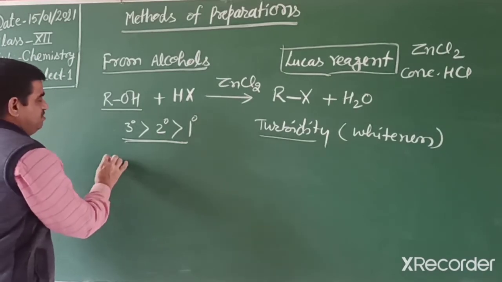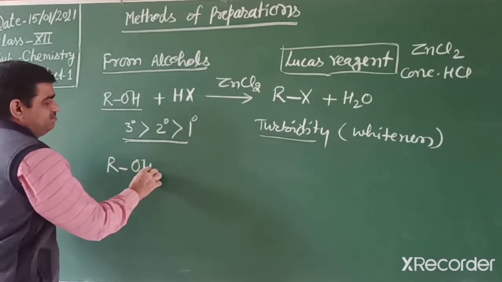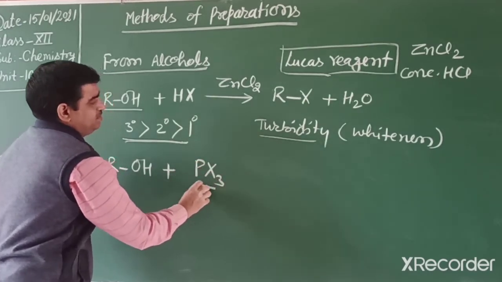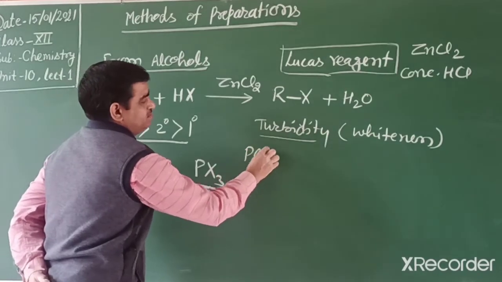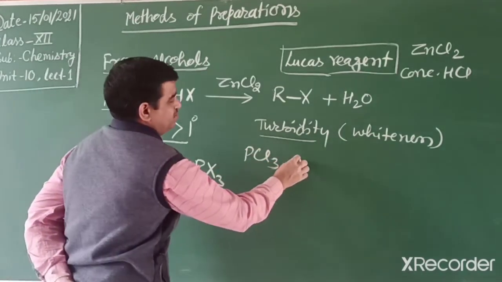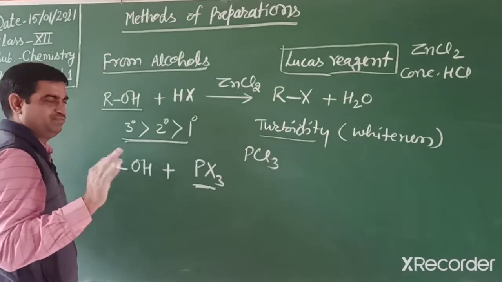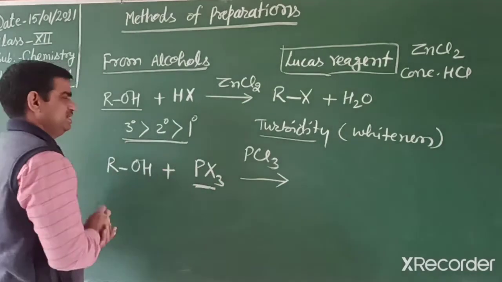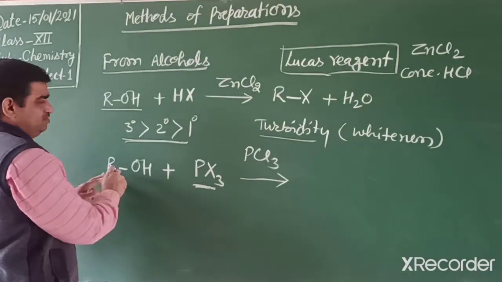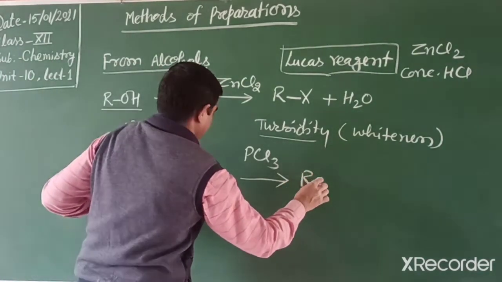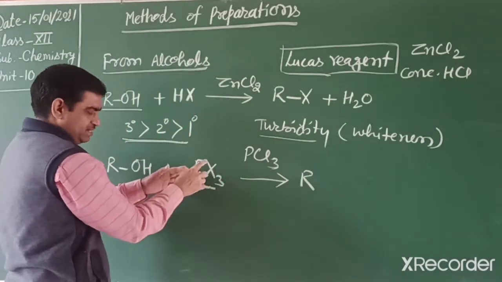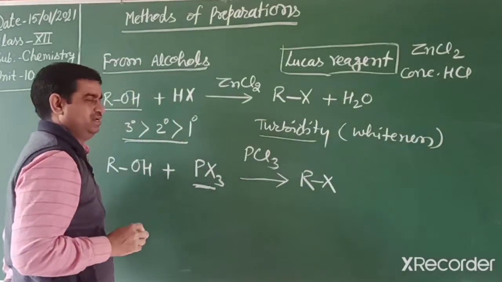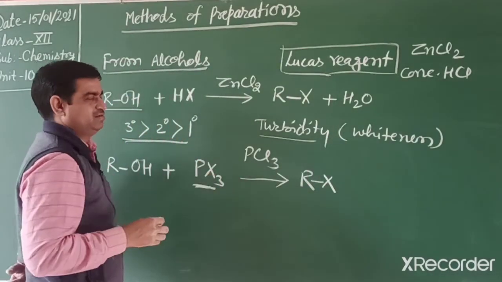When alcohol reacts with PX3, meaning generally PCl3 or PCl5, two different halides we can use. We take PX3, meaning PCl3, and we get RX. If X is chloride, then RCl; if bromide, then RBr.